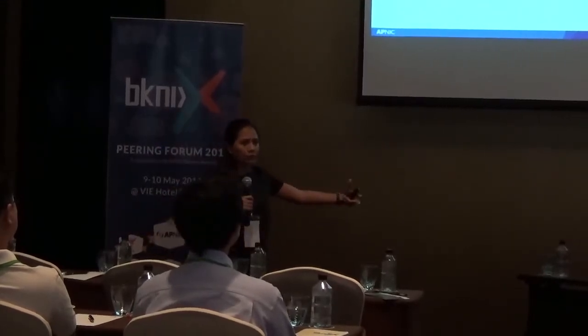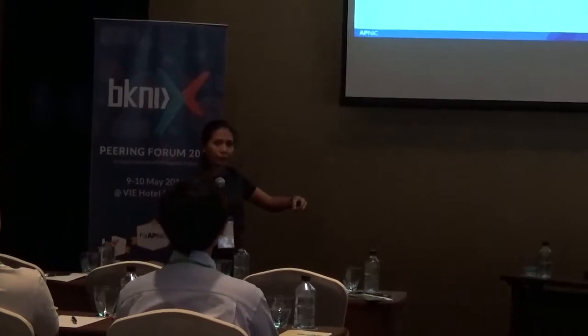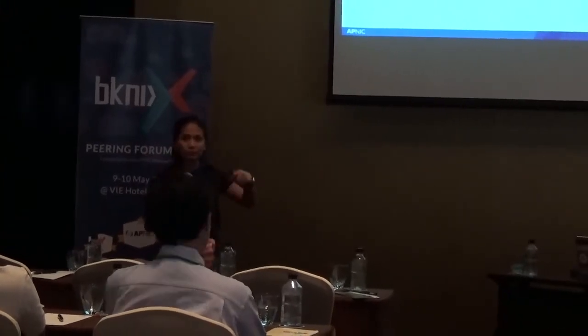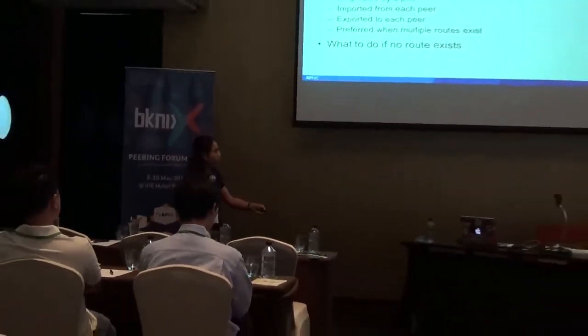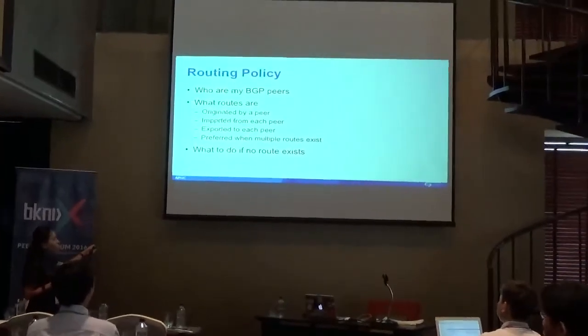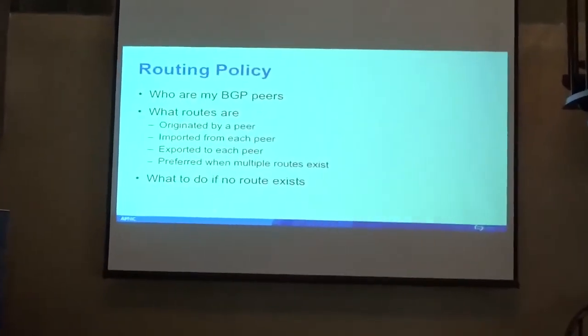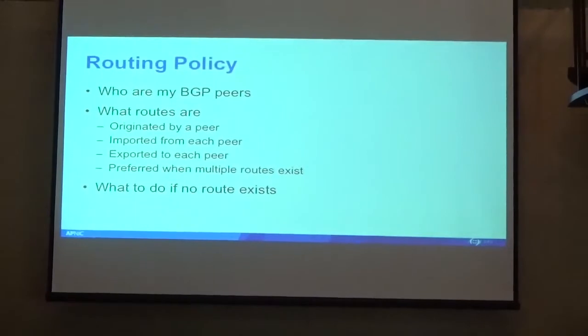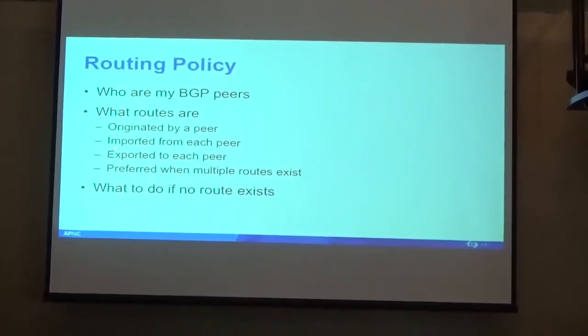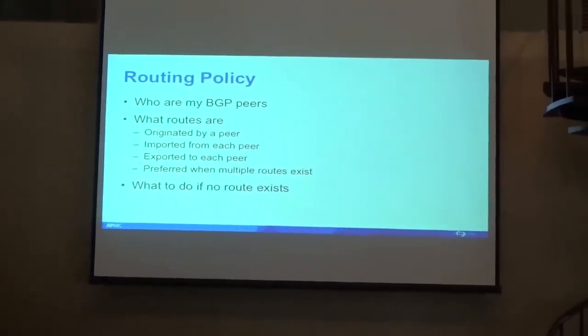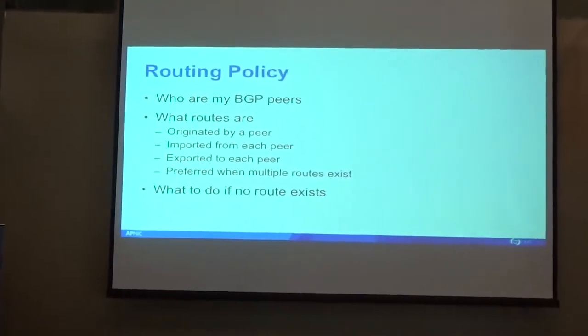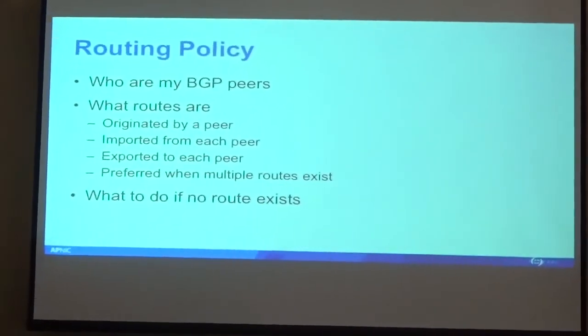So, more about routing policy. What's contained in the policy? Basically, it's information that will be added into the public database that describes your network, describes your BGP peers, along with your routes. Which routes are originated by a certain peer, which are imported or allowed coming from this particular peer, which are exported going into that peer.